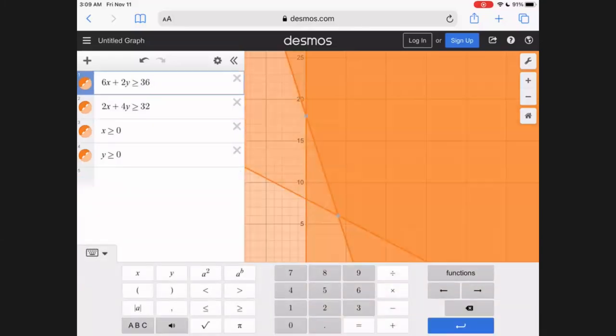So our first equation was 10x plus 2y is greater than or equal to 84.